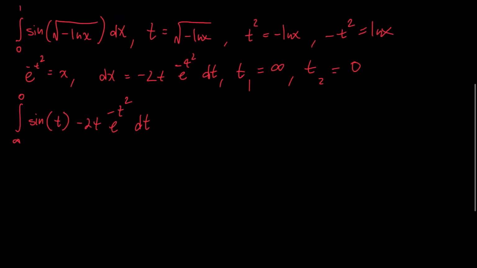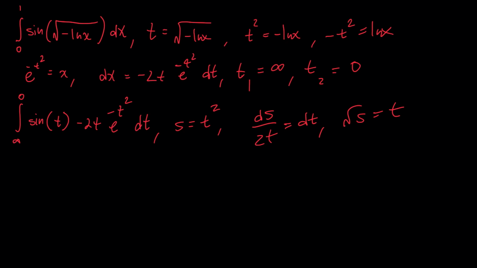And from here, we'll make another substitution. We're going to let s equal t squared. But that means that ds over 2t equals dt, and that the square root of s is equal to t, and the bounds of integration here do not change.